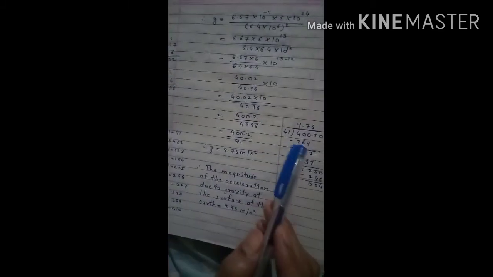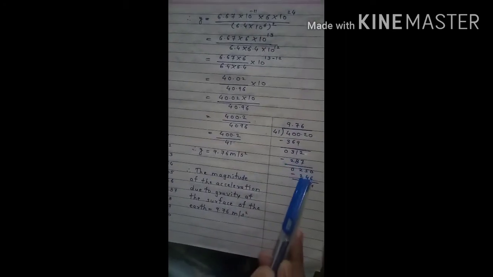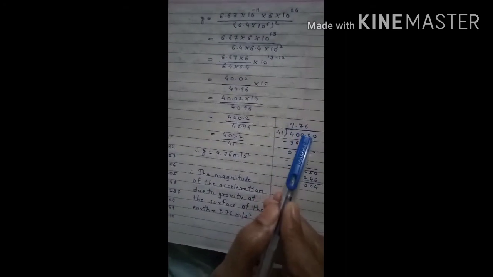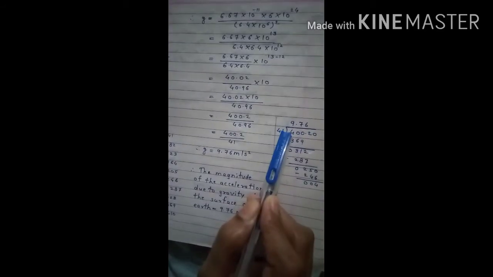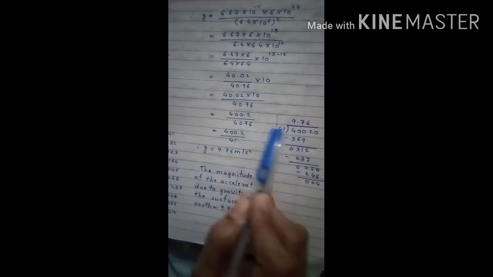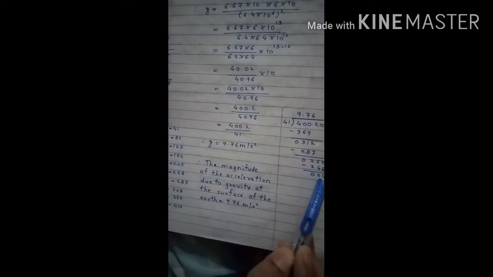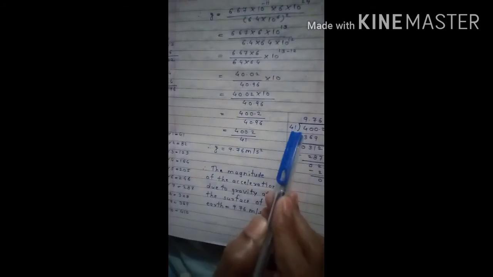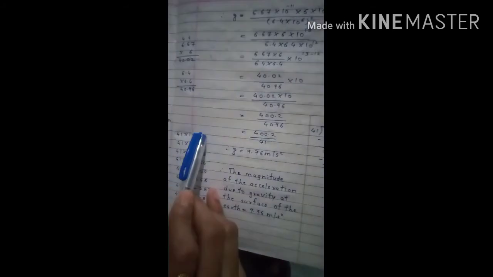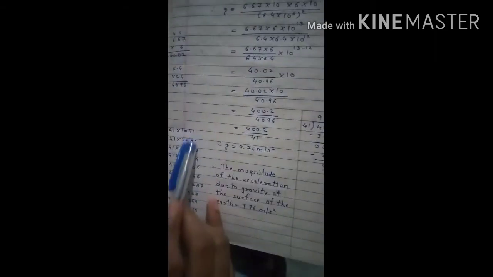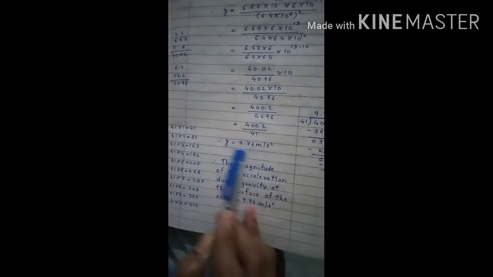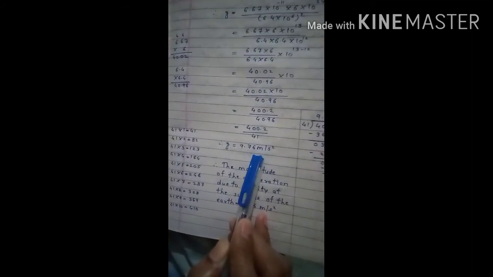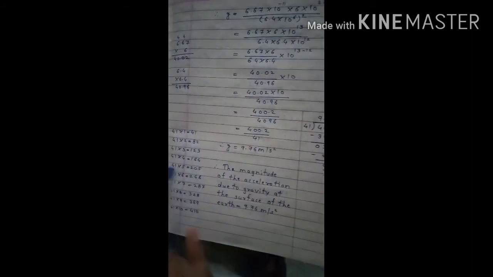For this we are going to see the working column, that is 400.20. This figure can be divided by 41. So this division is coming 9.76. For this division, here I made the table of 41. So you can see this table and we are getting the answer 9.76 meter per second square.